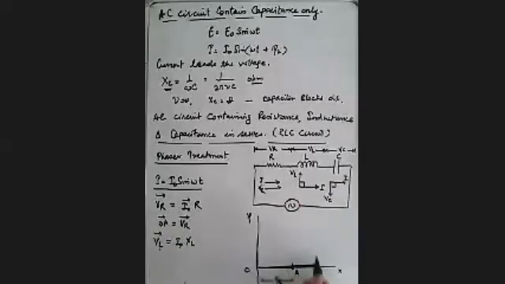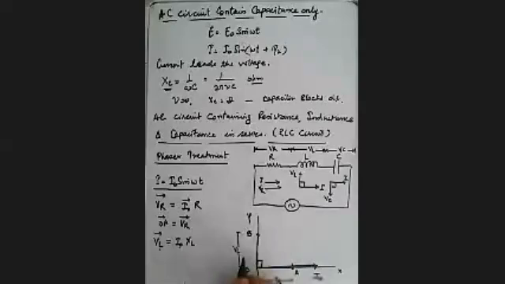It leads, so it will be anti-clockwise. The angle will move from I naught in the anti-clockwise direction by 90 degrees. Let us say this point is B, and OB represents VL, the potential drop across the inductance. So OB is equal to VL.